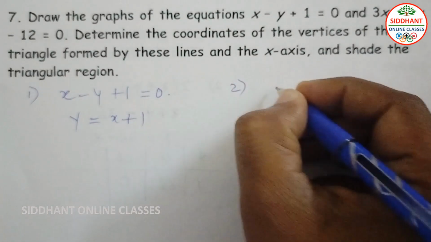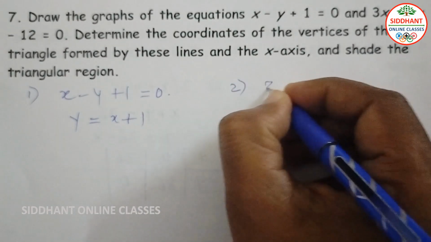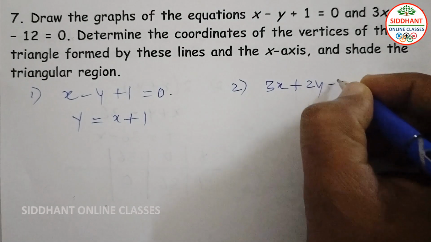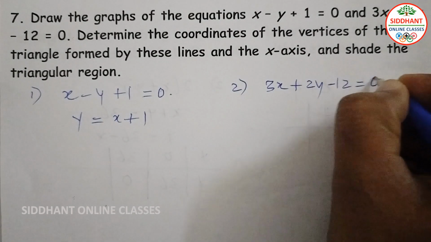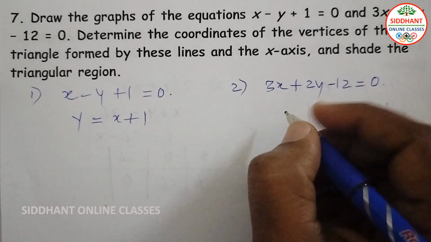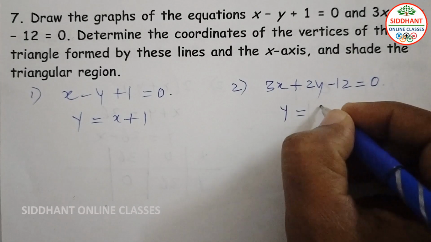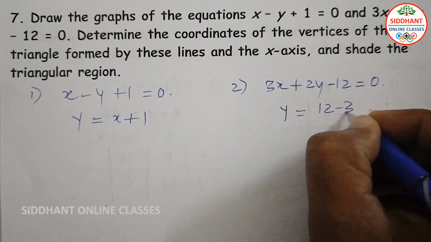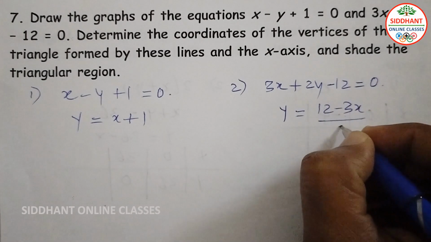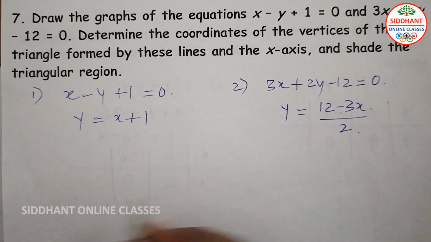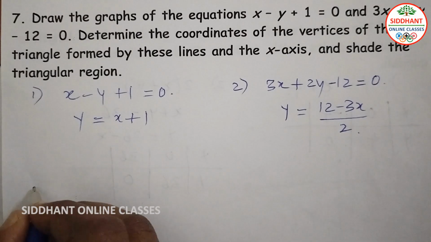Second equation: 3x plus 2y minus 12 equal to 0. That means y equal to 12 minus 3x by 2. So now let us see x and y.